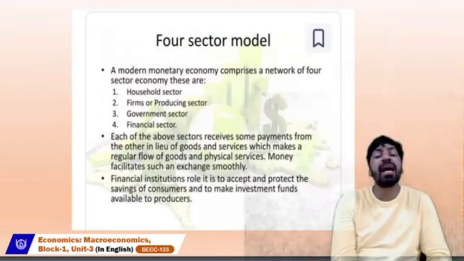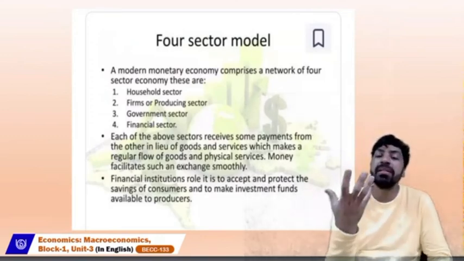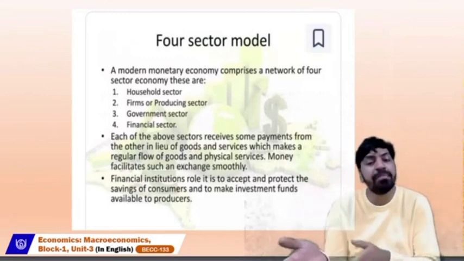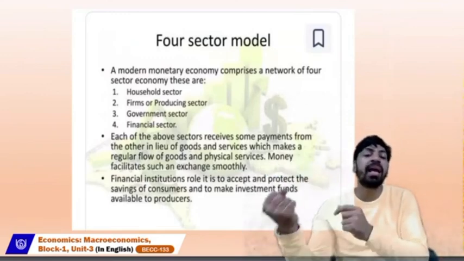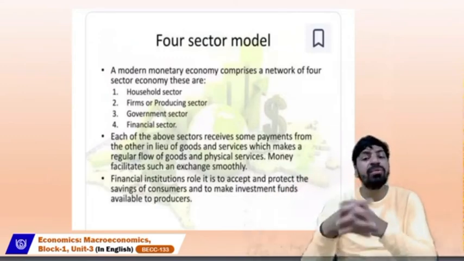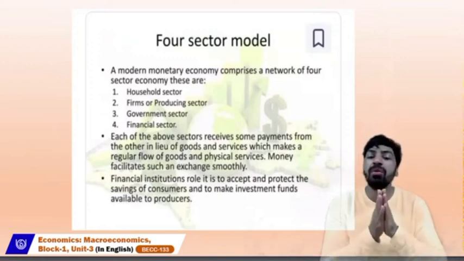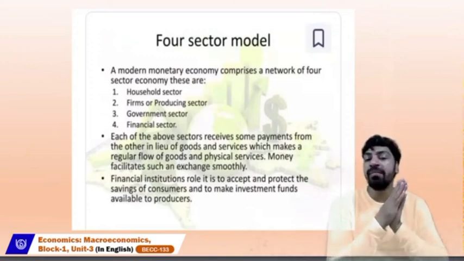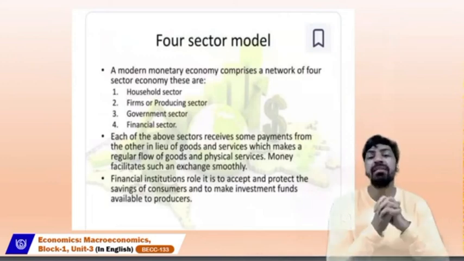It means the financial institutions that collect money in the form of savings and lend money to their clients and the businesses or organizations, so that the exchange process of income will go smoothly. It works mainly under the four sector model.